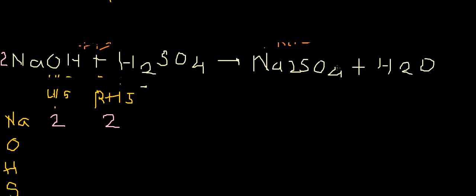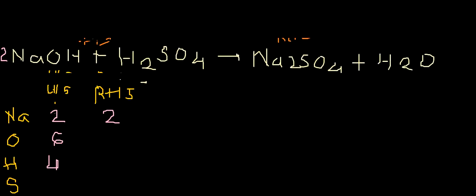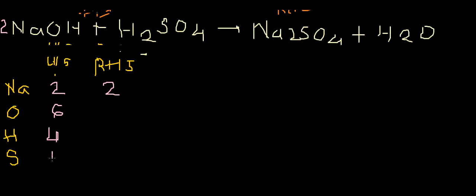So now the number of hydrogen atoms on the left hand side, earlier we had 3, will now be 4, and the oxygen atoms will be 6 on the left hand side. I will not make any changes right now to the H2SO4, that's sulfuric acid, I'm keeping that one as 1 here.